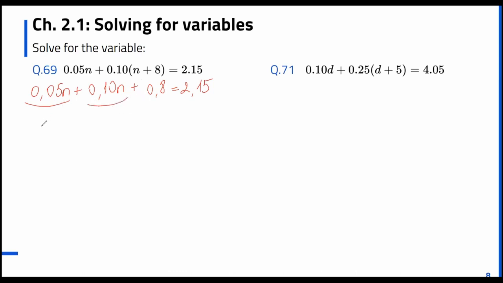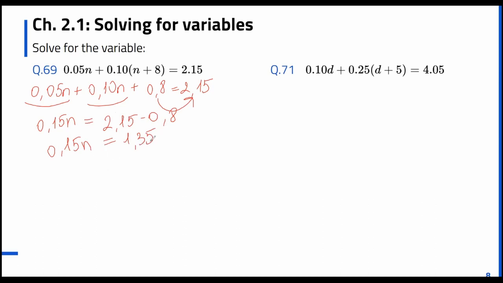We can add them together and get 0.15n. We bring this to the other side of the equation symbol, and we have 215 minus 80. So we have 0.15n equals 135.